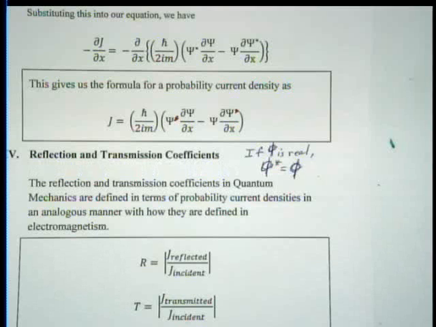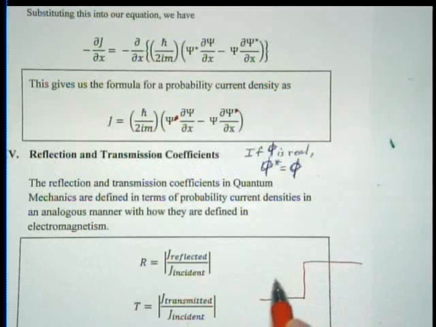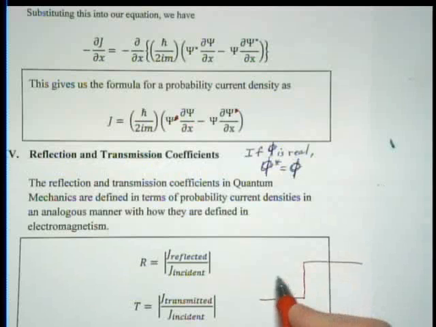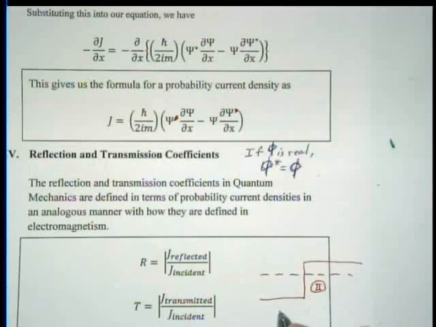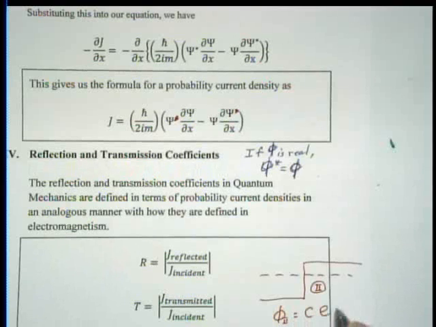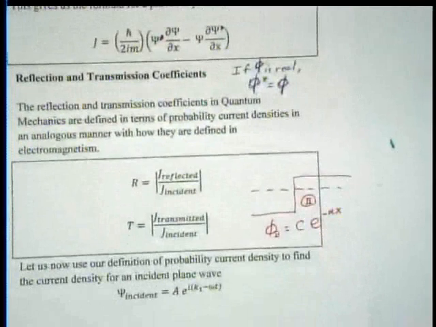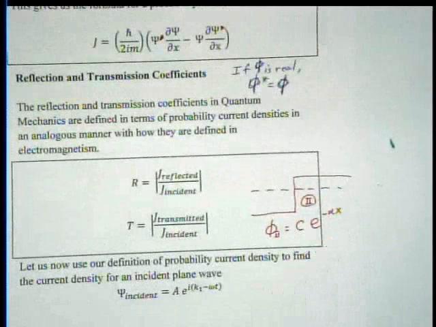Now, in our barrier where we were below the barrier, so we had this thing like here. This side, the transmitted side, our wave function looks something like this. Is that a real or imaginary function here?